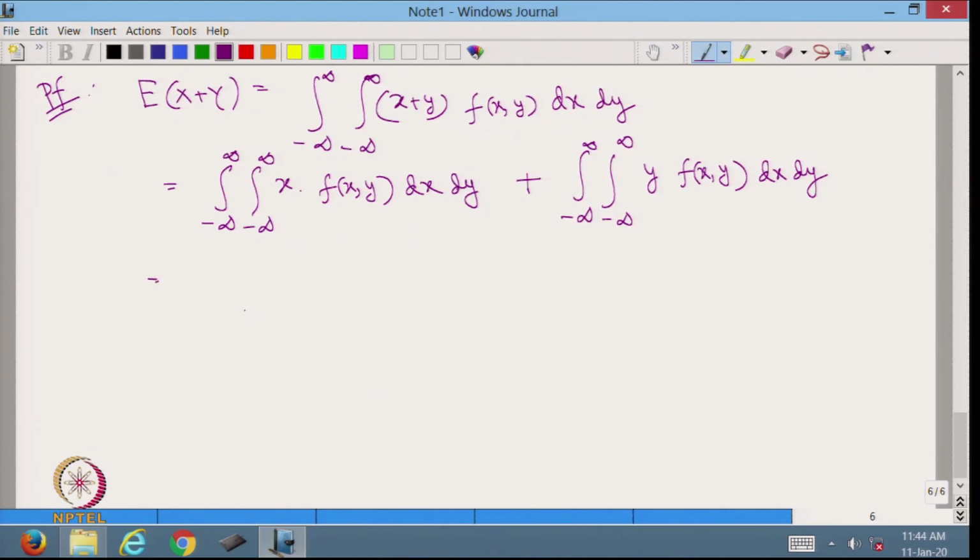Let us first integrate with respect to y.